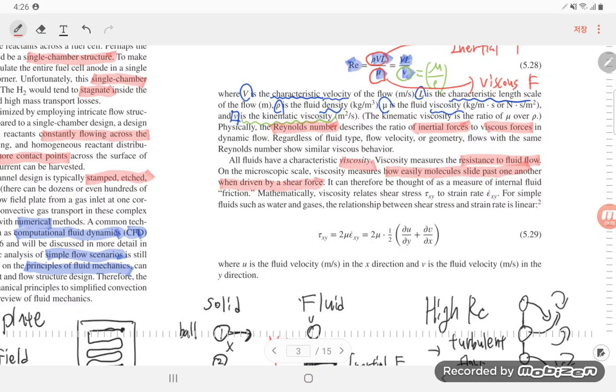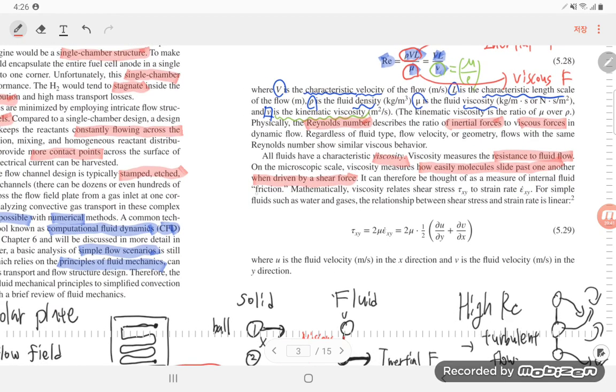It can therefore be thought of as a measure of internal fluid friction, and mathematically, viscosity relates shear stress to shear strain. For simple fluids such as water and gases, the relationship between shear stress and strain rate is linear. It's a very important factor.